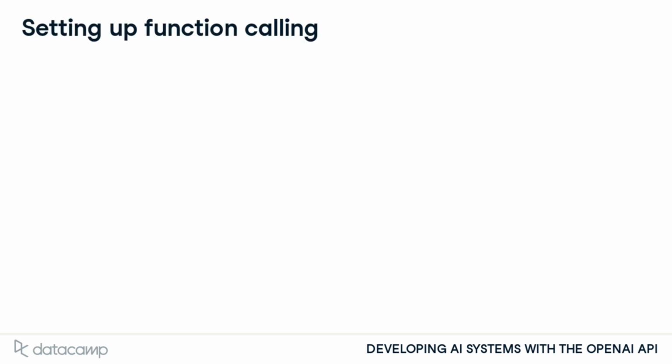When defining a function to be passed to the tools argument, the format is a list of dictionaries. Let's take a look at how to build one. First, we specify the type of tool as function. The function type is used when we want to call our own user-defined function.